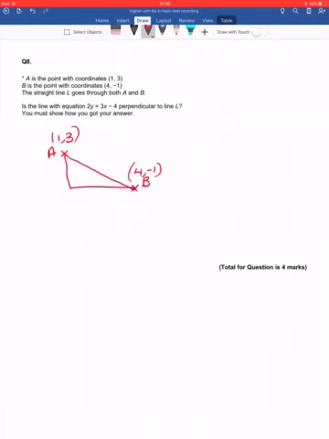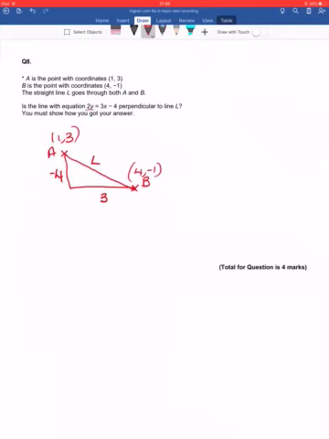I've gone along from 1 to 4, so I've gone 3 along in the x direction, and I've gone from 3 down to minus 1, so I've gone minus 4 in the y direction. So I can visualise that now. Right, so this is the line L, it goes straight through them.